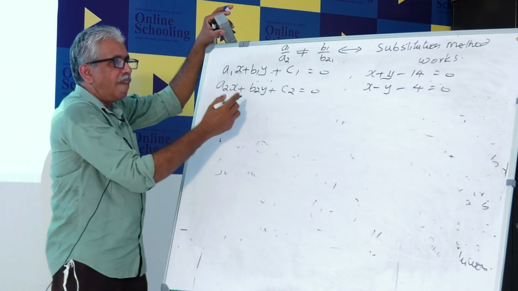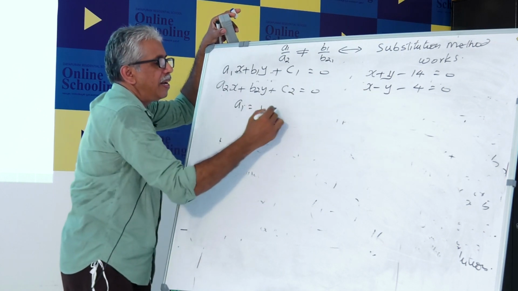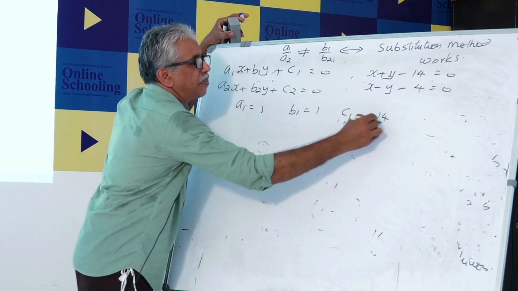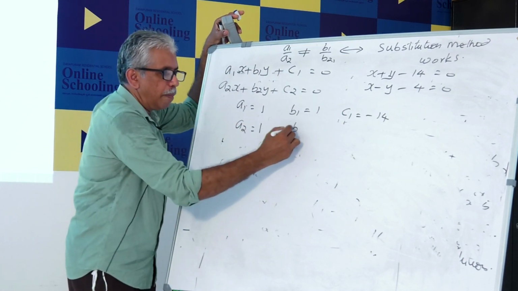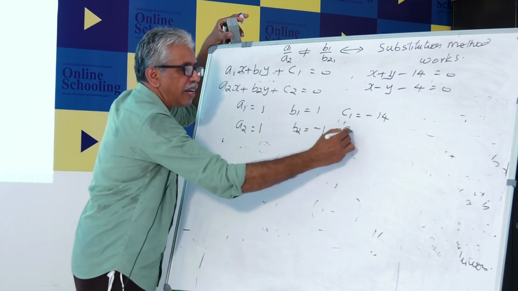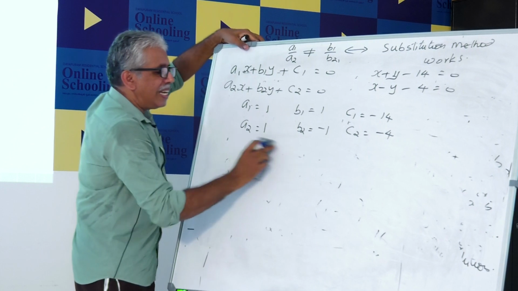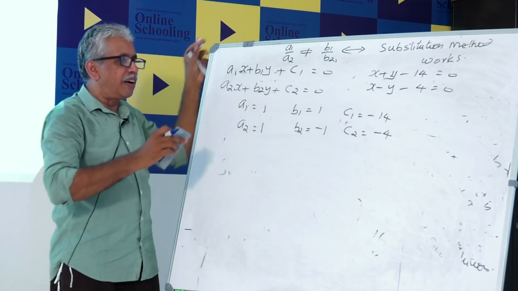So, tell me what will be a1? a1 equal to 1, b1 equal to 1 and c1 equal to minus 14, and a2 equal to 1, b2 equal to minus 1 and c2 equal to minus 4. Now, you can very easily check whether this condition is satisfied or not.